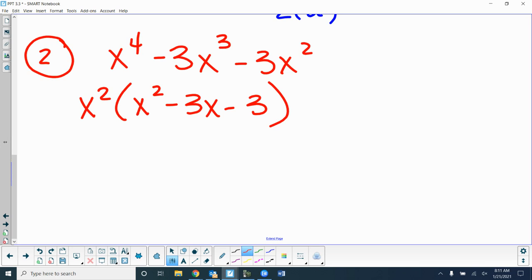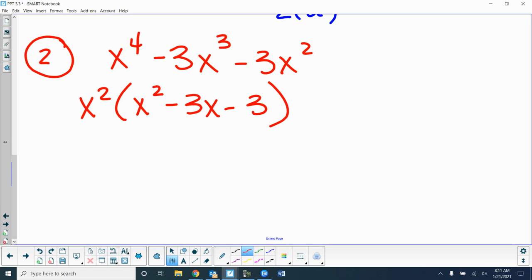And that won't factor, will it? There's no factors of negative 3 that give me negative 3 when I add. The only way to get negative 3 is 1 times negative 3 or negative 1 times positive 3. And both of those will give me a positive 2 or negative 2.